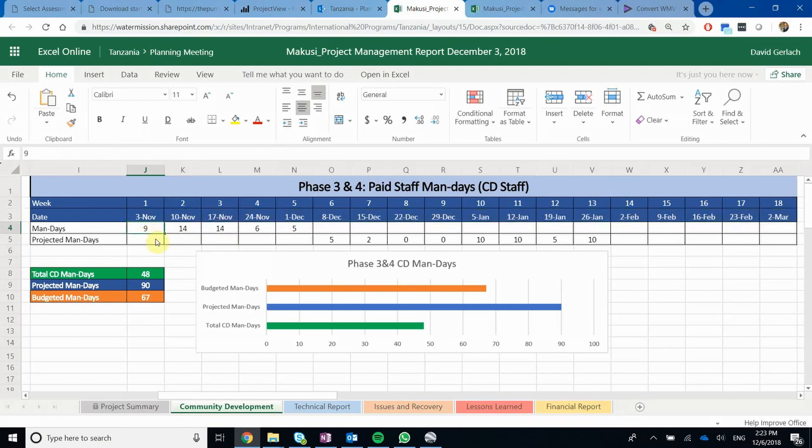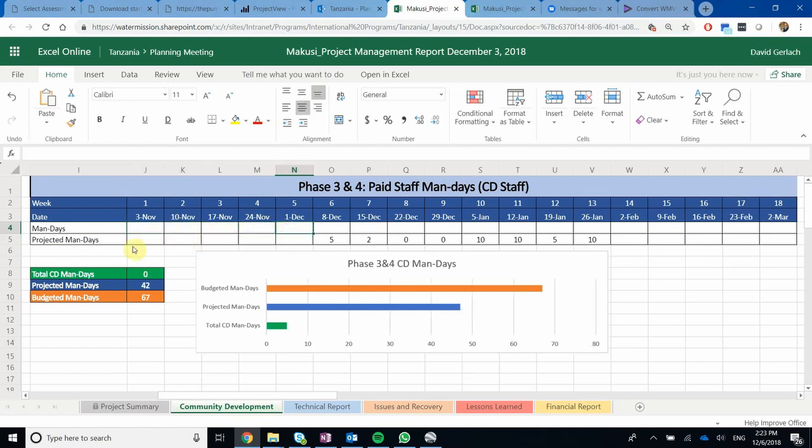So during that day, we have 2 different columns here, man days and projected man days. To start off the project, we don't have any idea of what the actual man days will be, except for what we're projecting. And so maybe we say, okay, we're going to send in 2 community development officers, and that's going to be 2 people working 5 days apiece, and that's 10 days.